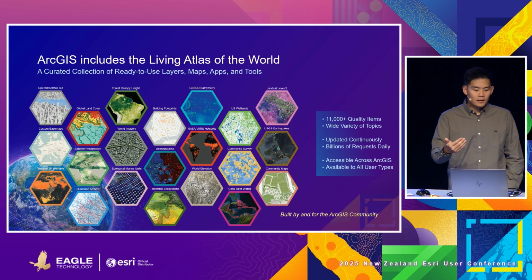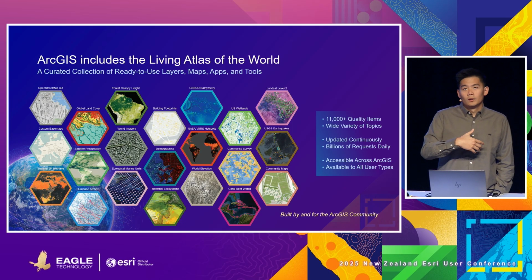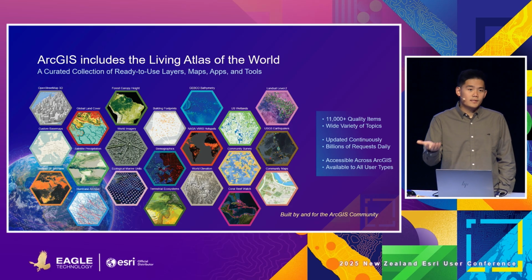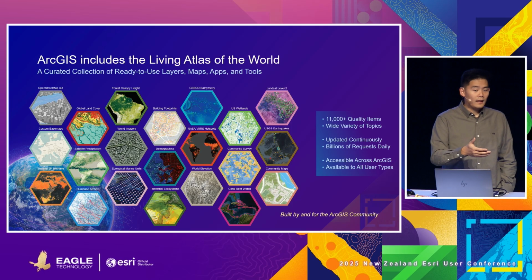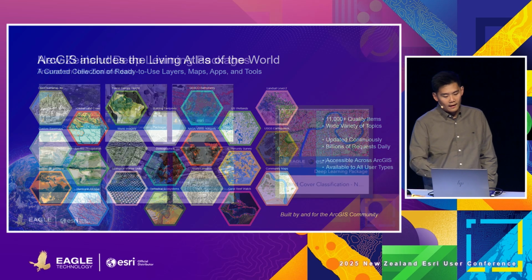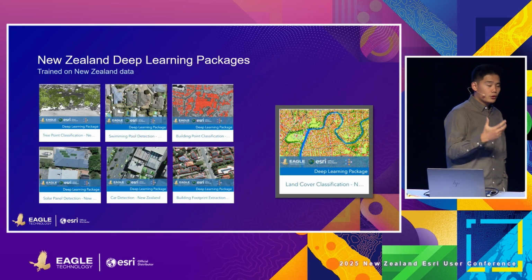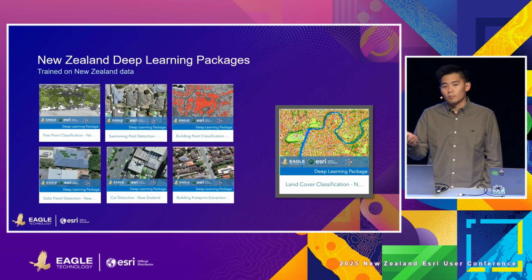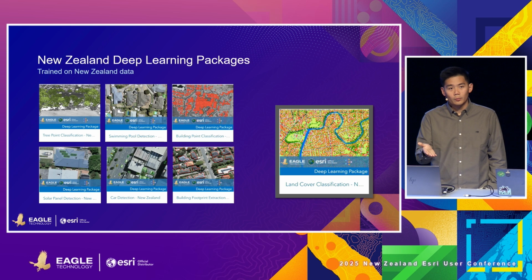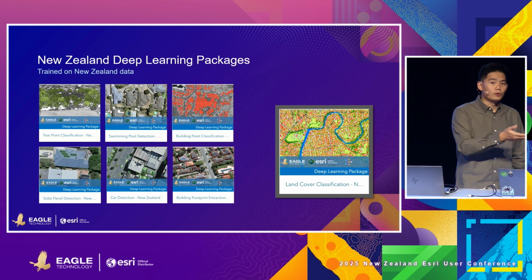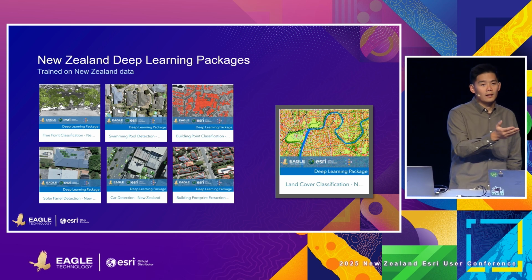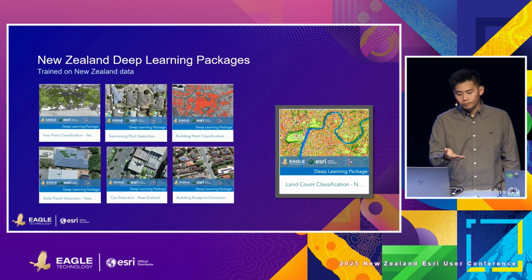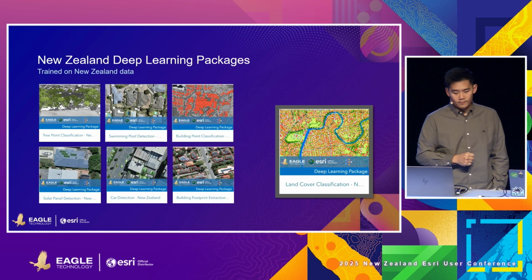Your administrators need to choose which countries' data you get to see, and also, say, for deep learning models that we localized and trained with New Zealand data, if your administrator didn't include this, you won't be able to access those deep learning models, and hence you're not able to use them in analysis tools in Experience Builder or with scalable tools to run the deep learning process.